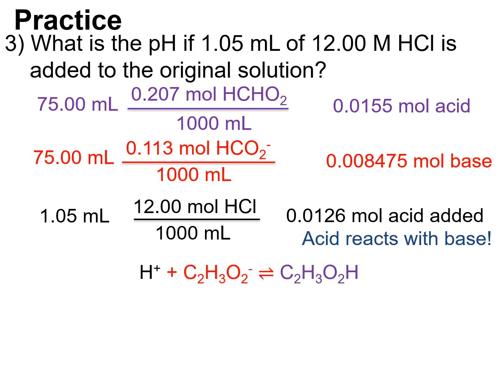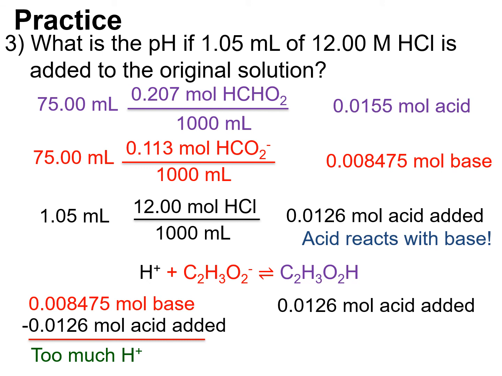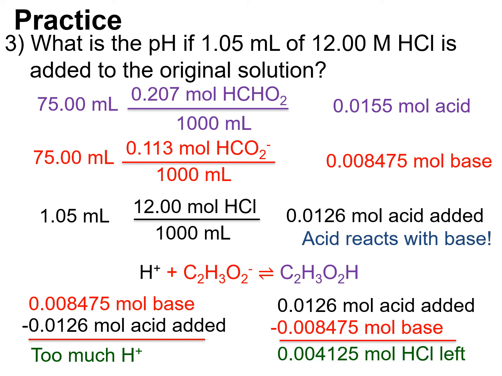So while my acid's going to react with base, I have too much extra acid, meaning I'm going to use my moles of acid and subtract my moles of base that are already there. This is going to give me 0.004125 moles of HCl, which, since it's a strong acid, tells me how many moles of H plus I have remaining.